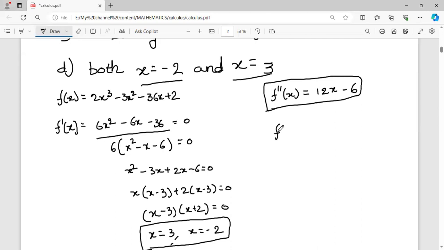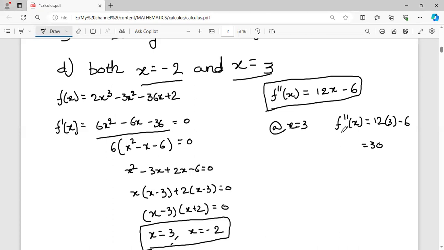So for that purpose, at x equal to 3, f double dash of x equal to 12 into x, here 3, minus 6, that is 36 minus 6, that means 30.